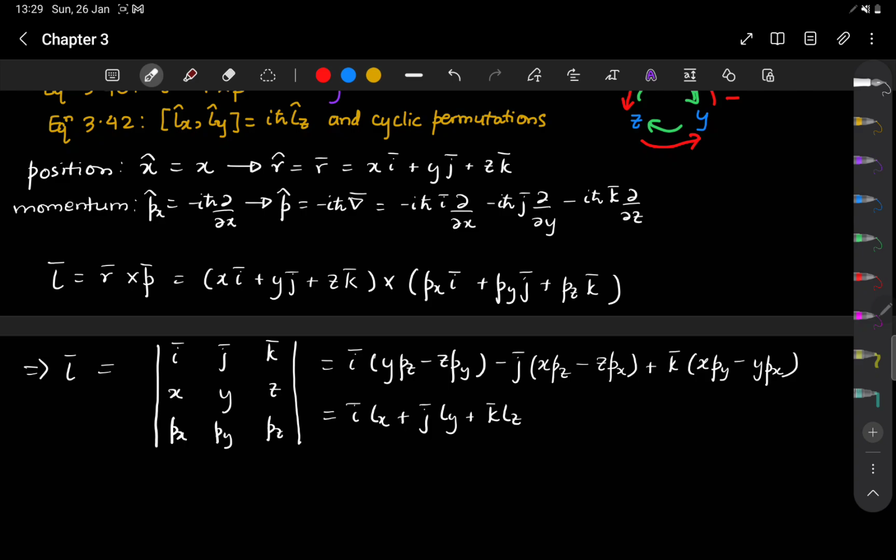And now if we just change this to operator notation, so if you want to write now in the operator notation, so let's say now we look at the operators. So this is what it will be.